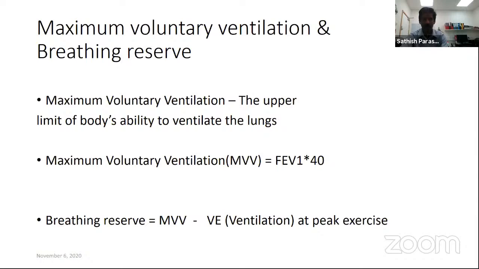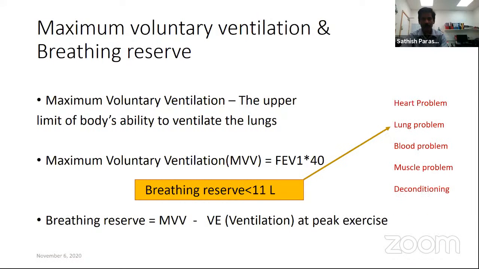The lungs always have capacity, what we call ventilatory reserve. And when this ventilatory reserve is less than 10 liters, you can measure that by simple maths by CPEX testing, it means that the patient has stopped exercising because of the lungs rather than the heart.